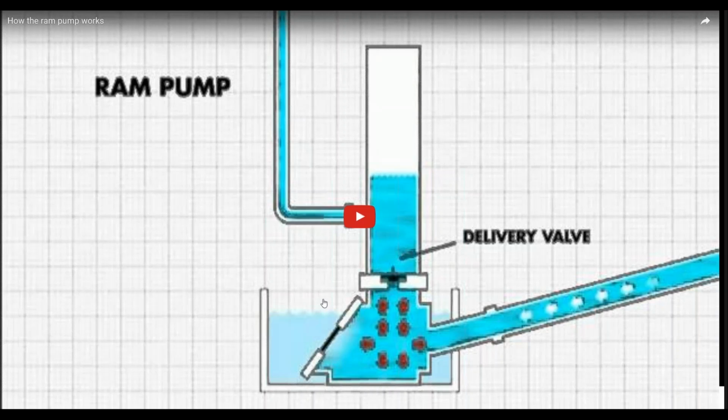And you'll notice that there seems to be a lot of water that's not being pumped, that it's passing through the pump and ends up back in the stream, and that's because that water is being used for its energy and its motion rather than its delivery.